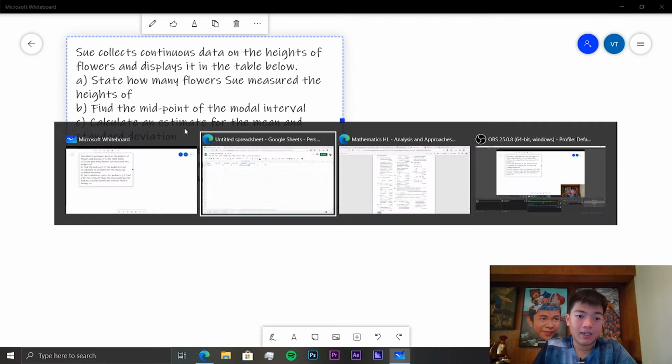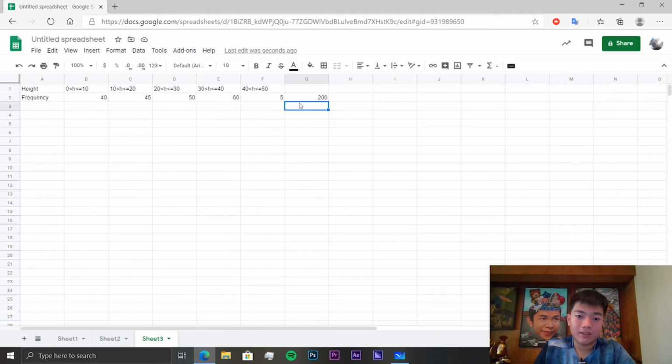Next, calculate an estimate for the mean and for the standard deviation. So we just assume that each one takes the midpoint. For the mean, the number of terms is 200.